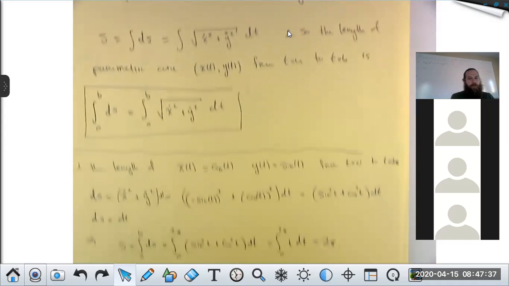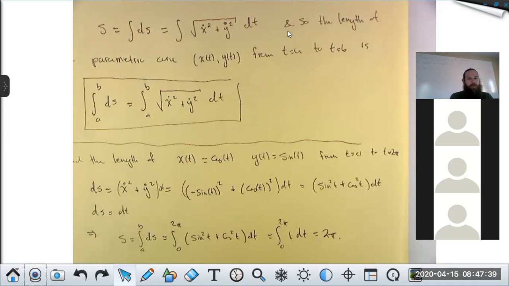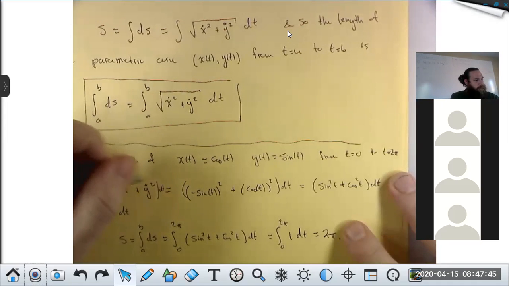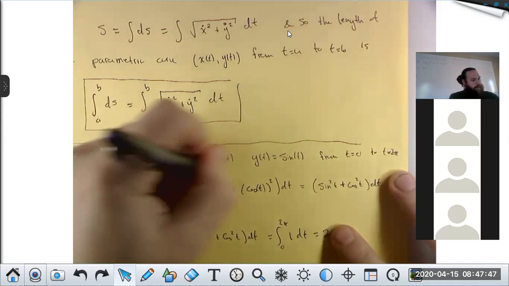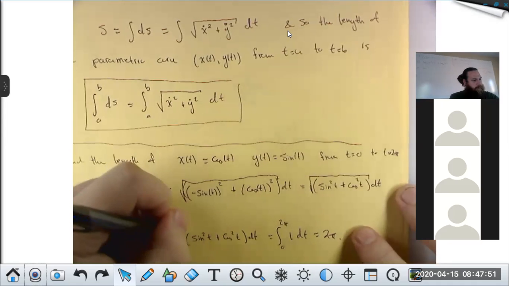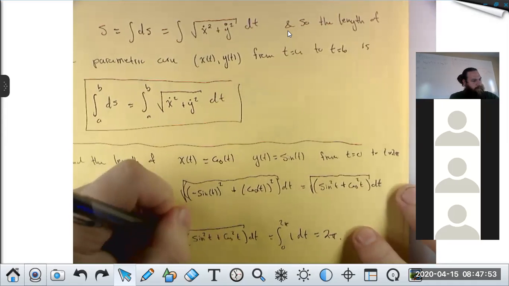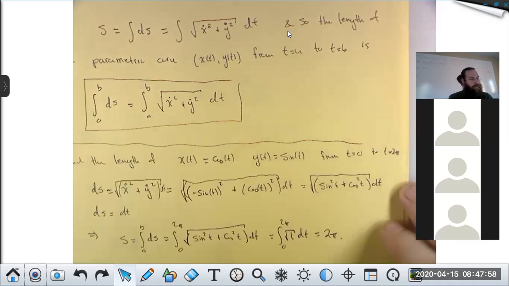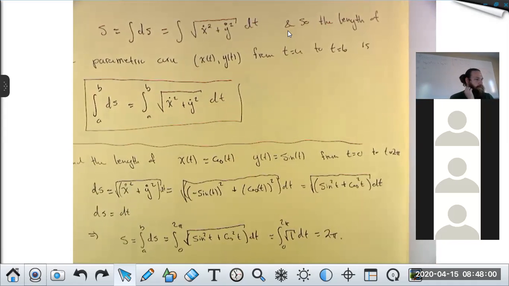So at least for the unit circle, this works nicely. This needs to be under a square root, sorry. Square root of this, square root of this, square root of this, square root of this. But the square root of that is still just the square root of 1, which is 1. So the integral here really is just 2 pi.